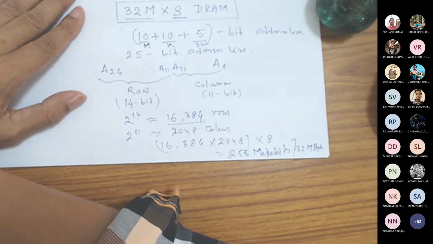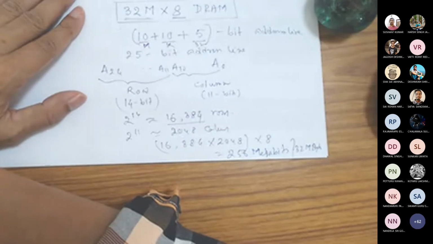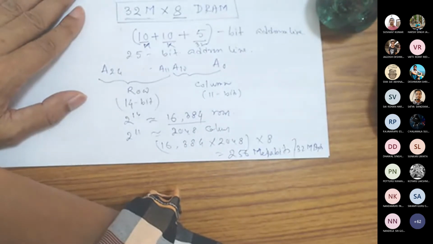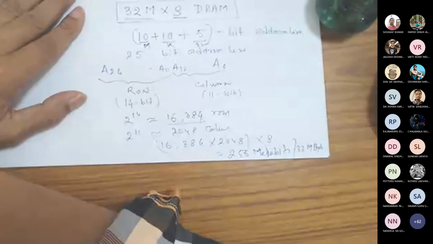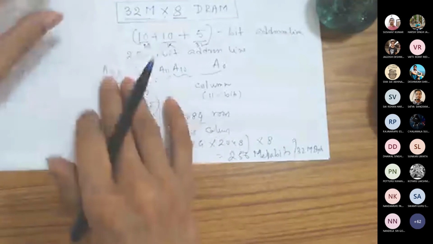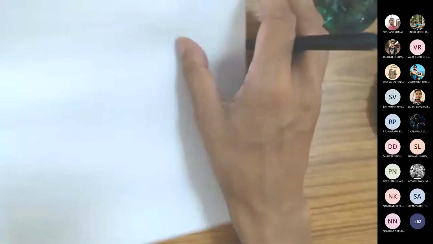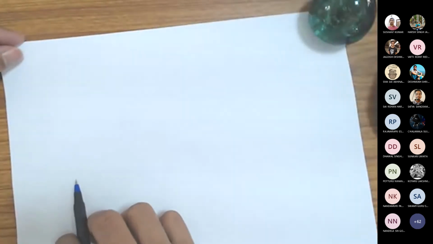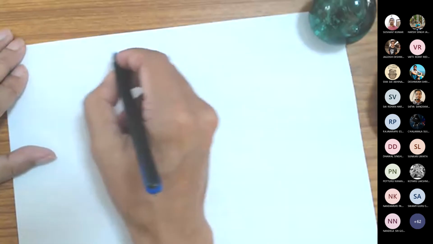There are certain assumptions, because we cannot always increase the number of pins. So to reduce the number of pins needed for external connections, the row and column addresses are multiplexed on 14 pins. Now this multiplexing, which I was talking about, is done using RAS and CAS.